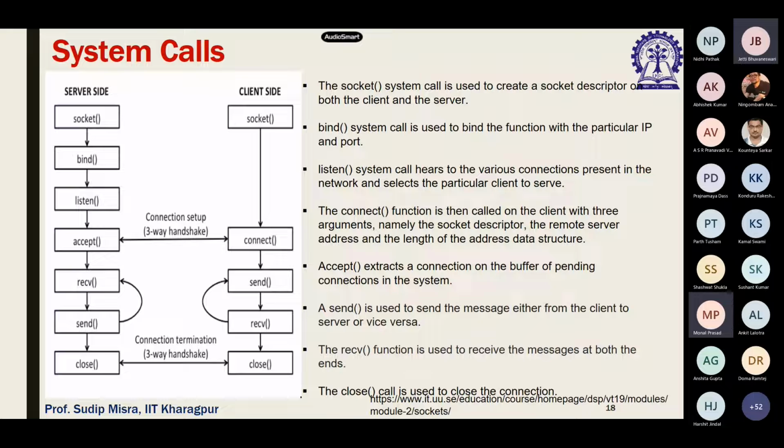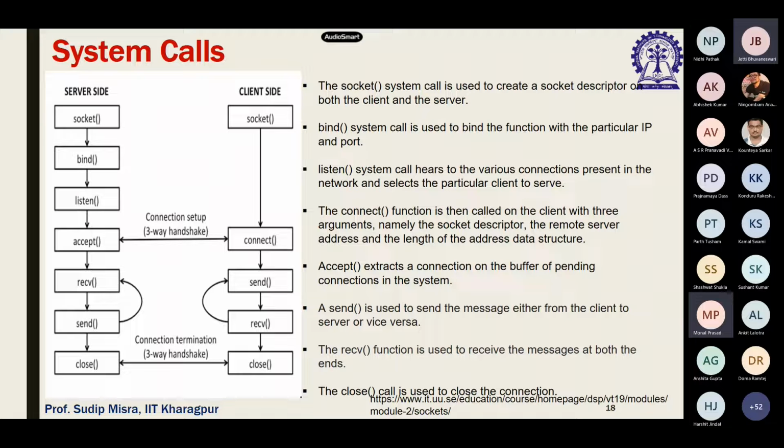And then comes the accept. Okay, but before the accept, let us try to understand. We have created the socket on the server side, we have created the socket on the client side, then the bind operation is done, the server goes to the listen state, then the client executes the connect function.